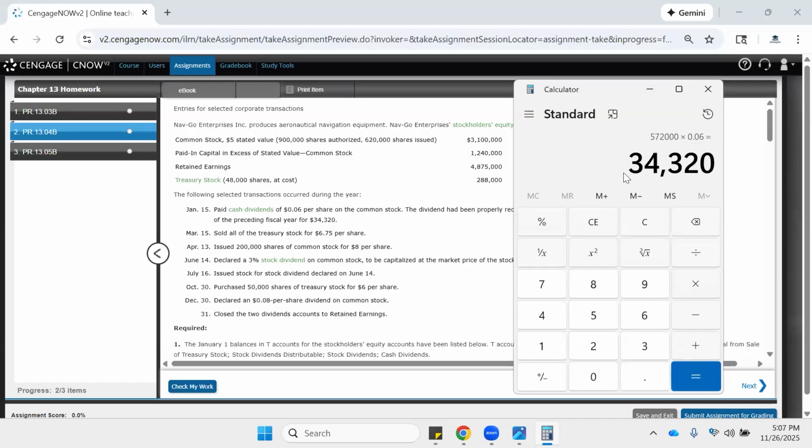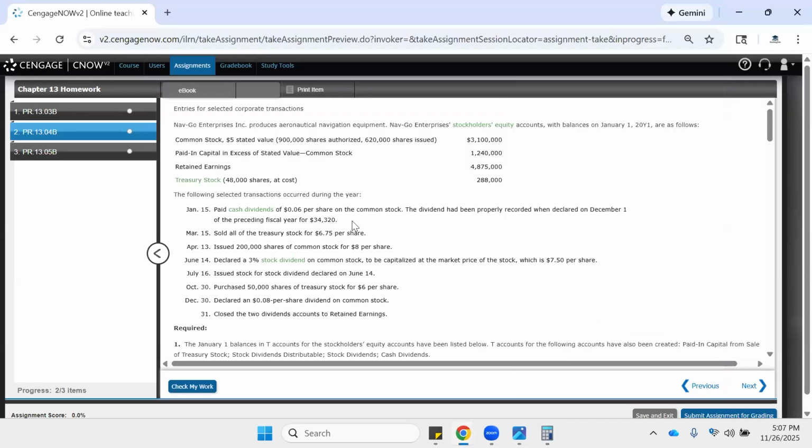And that's how we get the $34,320. It's really important to note that to calculate how much in cash dividends we have to pay, we don't pay dividends on treasury stock. So we have to calculate the shares outstanding by subtracting the treasury stock of 48,000 from the 620,000 shares issued. The shares issued minus the shares bought back is the shares outstanding.